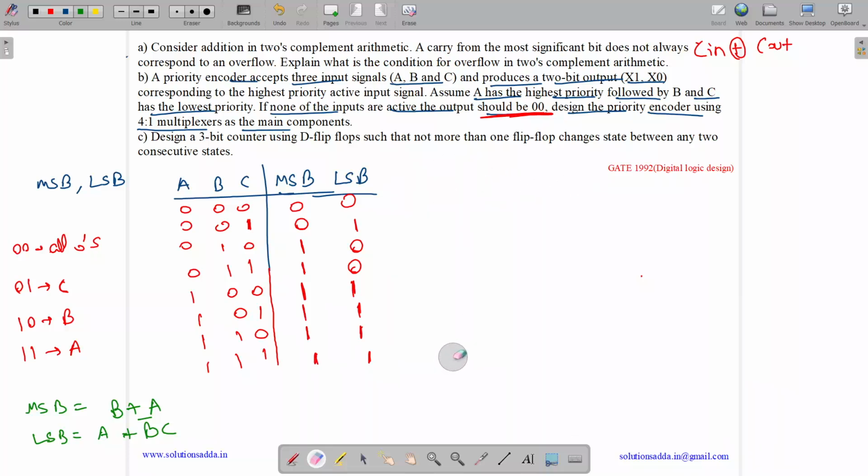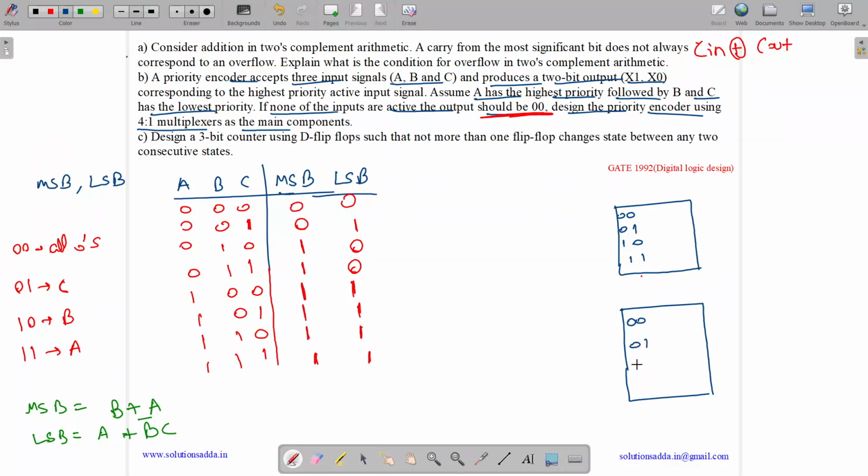Now we need to design it using our 4x1 mux. So how can we design it? Let us take a 4x1 mux over here. It will have inputs 0, 1, 2, 3. Another 4x1 mux can be taken over here. It will have inputs 0, 1, 2, 3. Each will have two select lines S0 and S1.